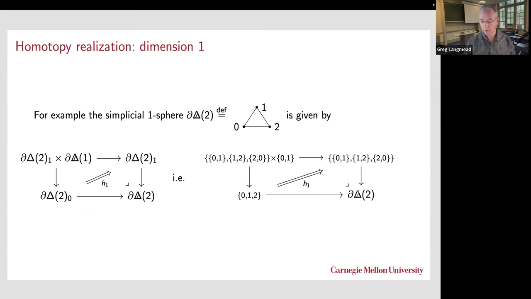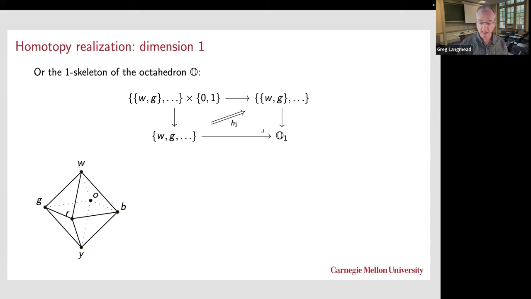So it's blackboard bold, because now it's a 1 type. And here's the octahedron's 1 skeleton. So we'll call the octahedron's realization as a type bold O. And so its 1 skeleton bold O1 would be this. Here's those vertices, 6 of them. There's 12 edges up here. And you glue them all together like that.